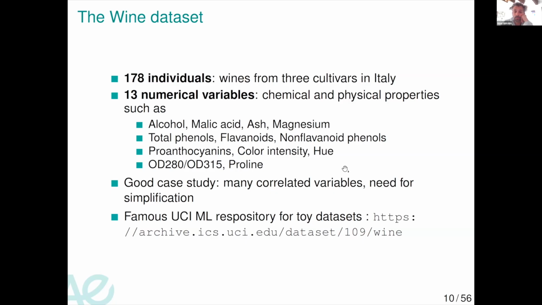So there is a need for simplification. We don't need all the 13 numerical variables, and we can simplify this data set into fewer variables. And if you are looking for other toy data sets, very simple, there is a famous repository where you could find a lot of data sets that could be used by everyone.